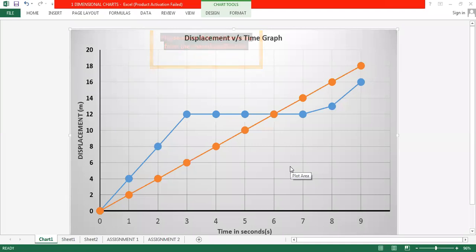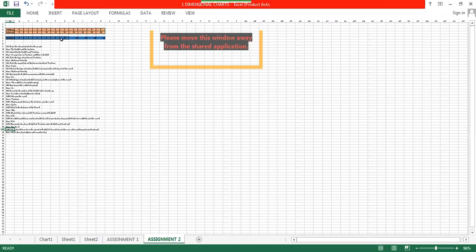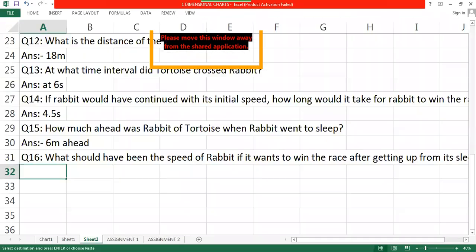So that's why he has to run not with a velocity of 3 and not with 4 as well, but with a velocity little more than 3. What should be the velocity with which he has to run to win the race after getting up from the sleep? He has to run with a velocity of more than 3 meter per second. Why?